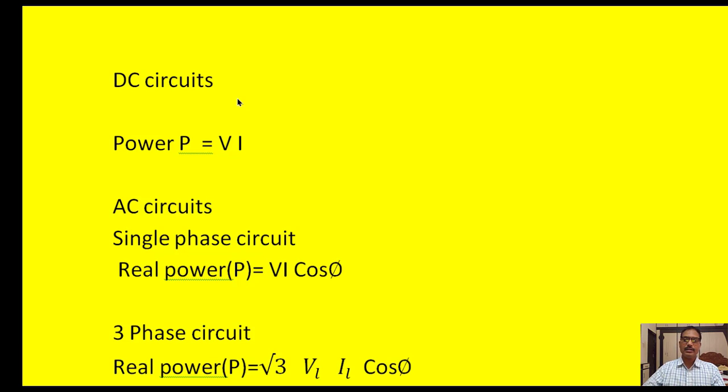So the true power or the real power consumed is given by P is equal to V into I. This also can be written as I square into R or V square by R, where V represents the applied voltage or voltage across the load and I is the current flowing through the load.